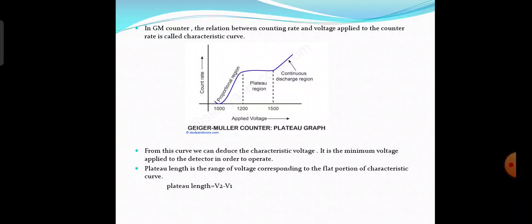From this curve we can deduce the characteristic voltage, that is, the minimum voltage applied to the detector in order to operate, and the plateau length, which is the range of voltage corresponding to the flat portion of the characteristic curve, that is, the constant region. The plateau length is the highest applied voltage minus the lowest applied voltage.